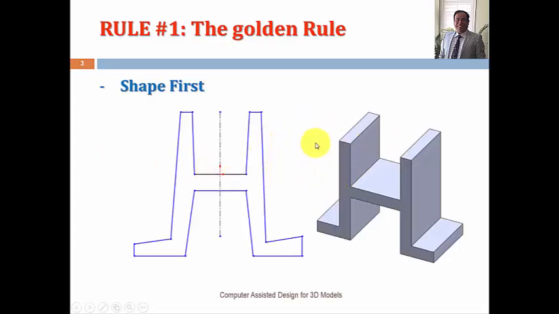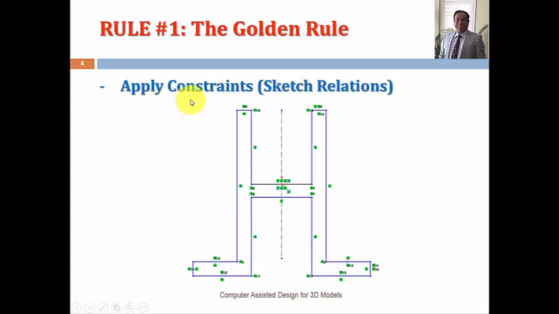We consider this model. So we said first we roughly create the shape of the profile that we want to extrude, which is in this case the front view. Roughly we sketch the shape, and then we apply constraints in order to control the geometry.